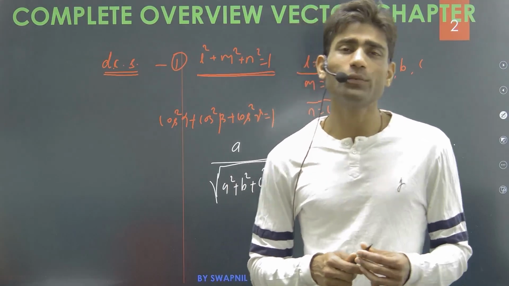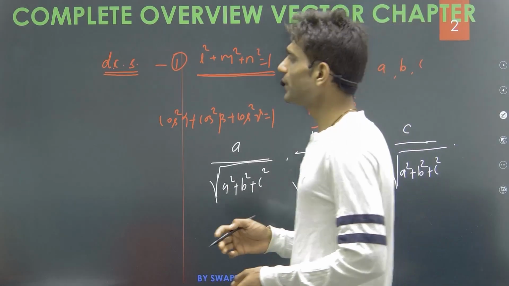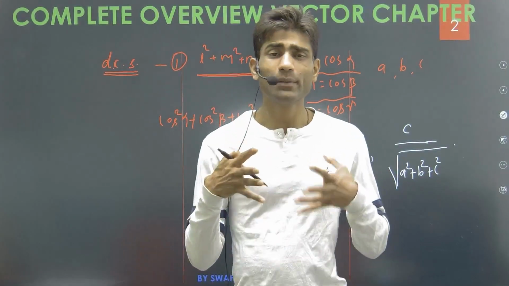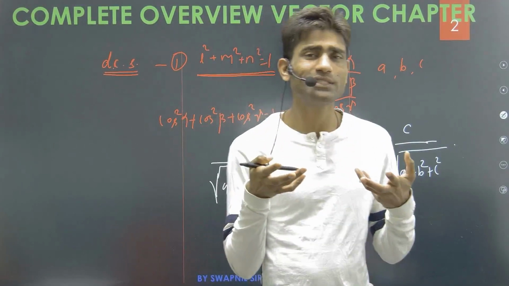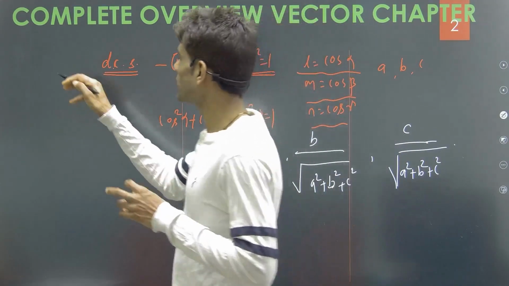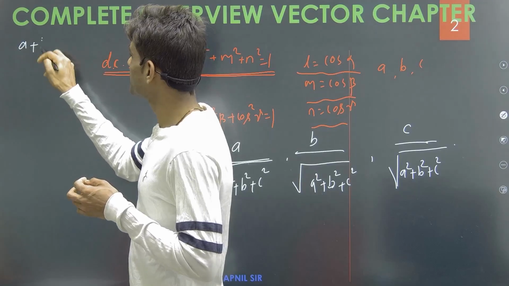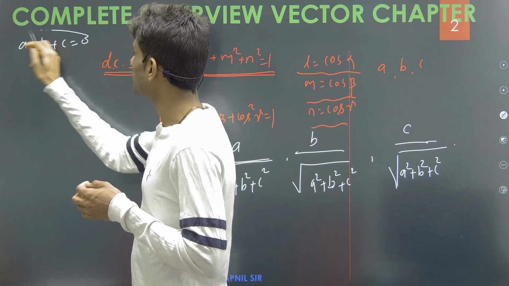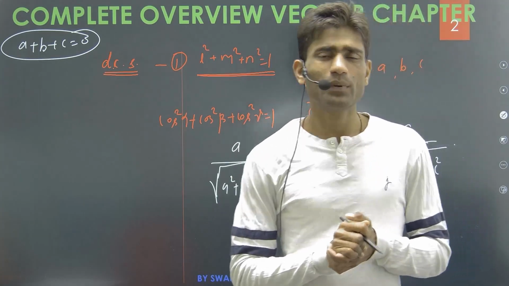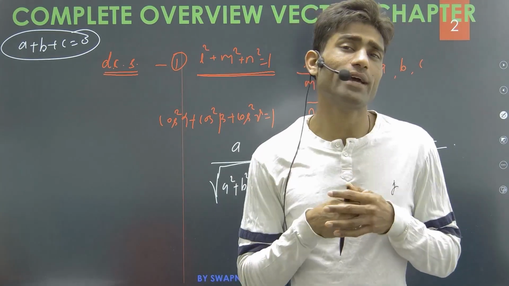One more result we need: whenever direction cosines or ratios are given through equations, for example an equation like a plus b plus c equal to 0, how can we define the direction ratios?